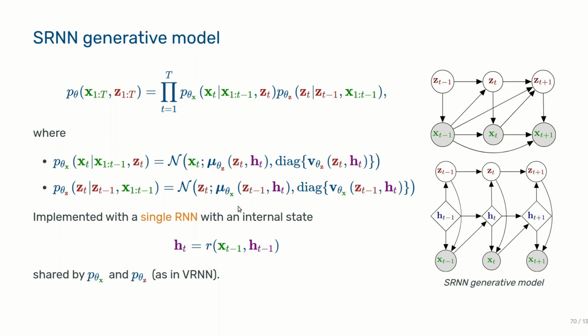Once again, this is an implementation choice, because we are using the very same RNN with internal state HT to encode the information for the generation of ZT and of XT. And this is the same as in VRNN.